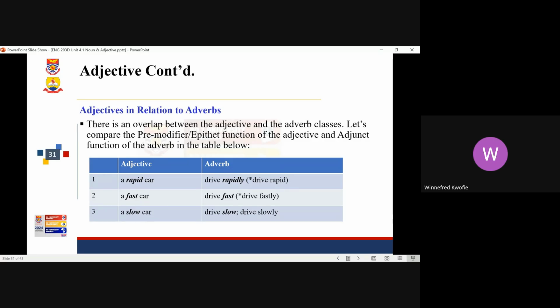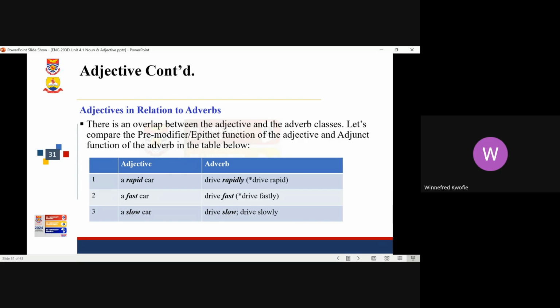Let's look at the third example. You realize that we have a slow car and then drive slow, the same form of word, slow. Here, it can be used as slow, can be used as slowly. So, slow car, drive slow. Like I said earlier, in the first example, the slow there is referring to car, making it an adjective. But then in the second example, slow is referring to the manner of driving, making it an adverb.